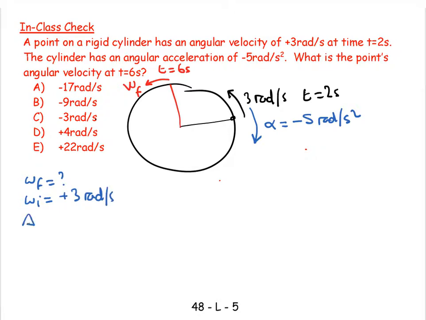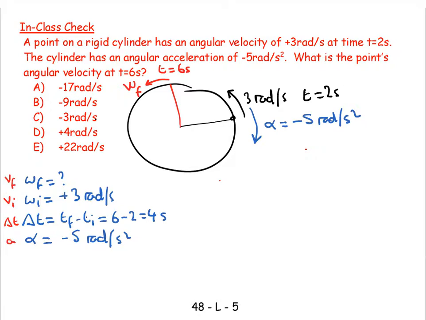I know my delta t, because it's t final minus t initial, which equals 6 minus 2, which equals 4 seconds. And my alpha is equal to minus 5 radians per second squared. If that doesn't jog your memory, go back: that's like v final, that's like v initial, that's like my change in time, and that's like my a.